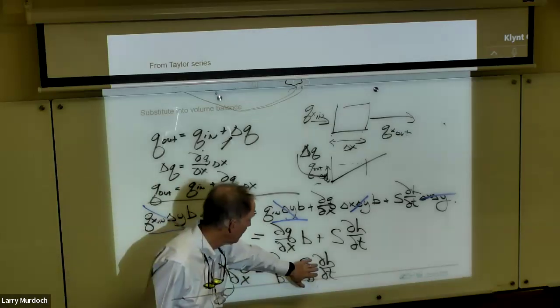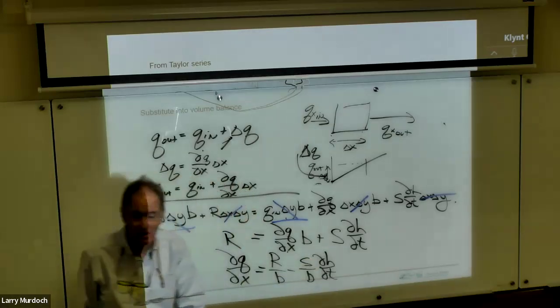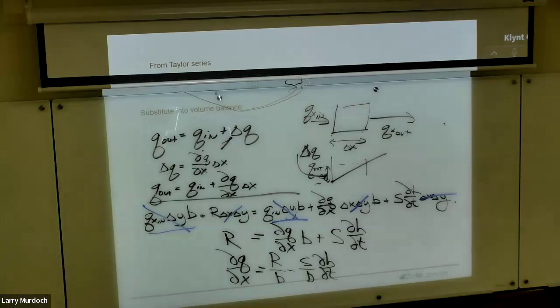And this is how the hydraulic head changes with time. That B is just the vertical height, the thickness. We're not considering any changes over the thickness of the aquifer, so it's uniform. Everything's the same over the thickness.